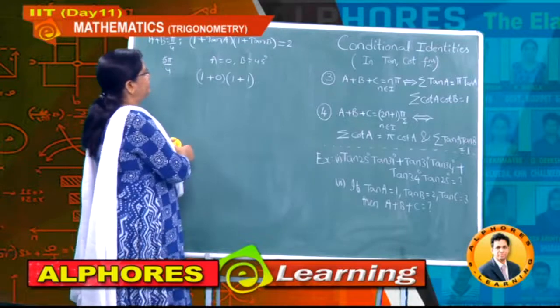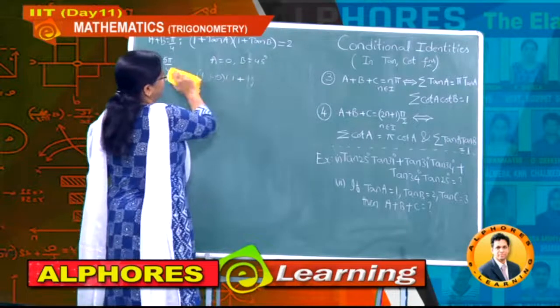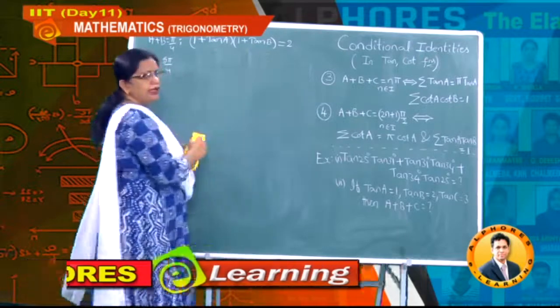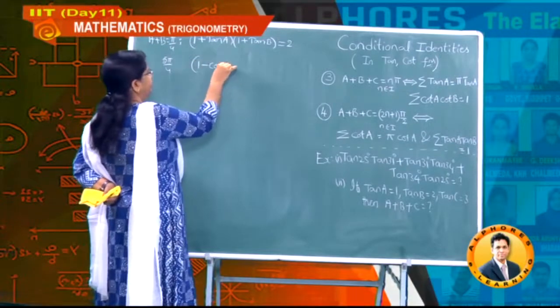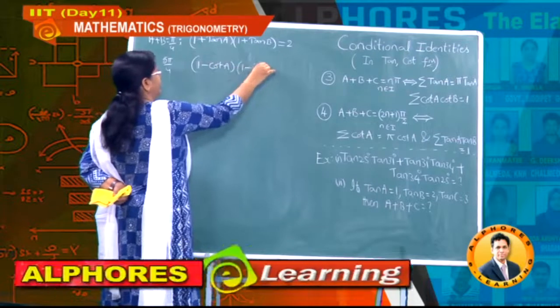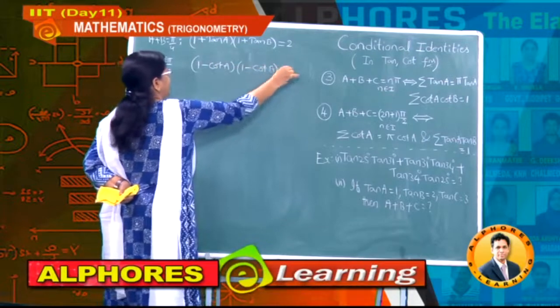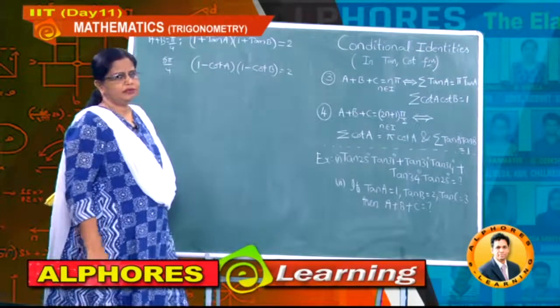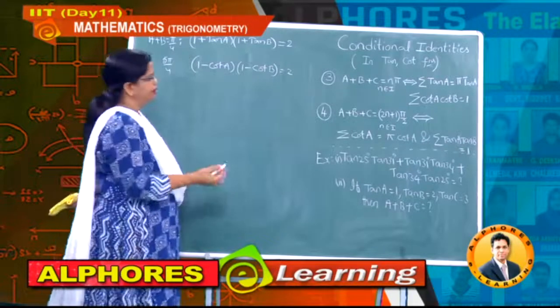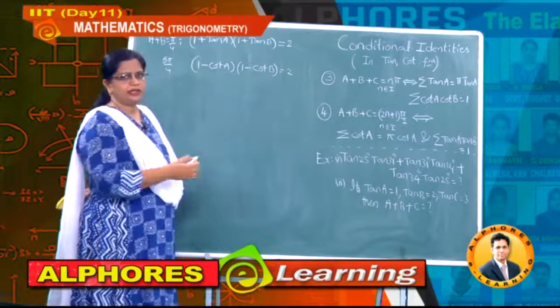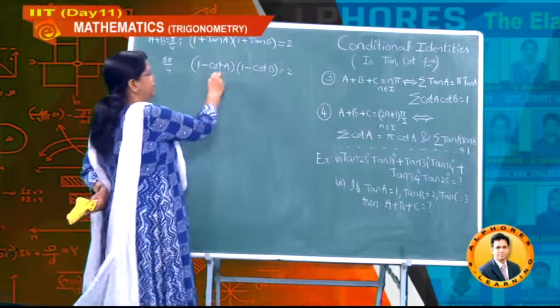Next we observed that (1 - cot A)(1 - cot B) equals 2 under the same condition. Here, if you take A as 0, then what is cot 0? Cot 0 is cos 0 by sin 0, which is undefined.